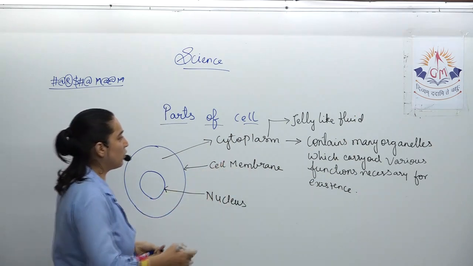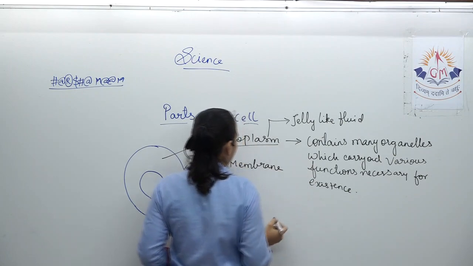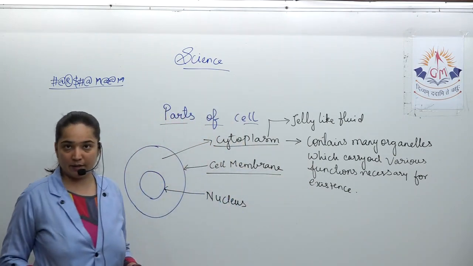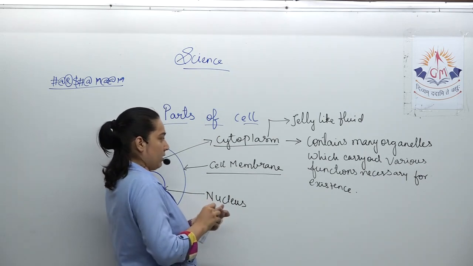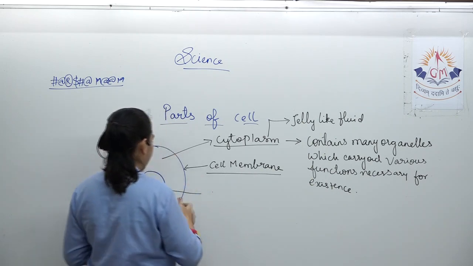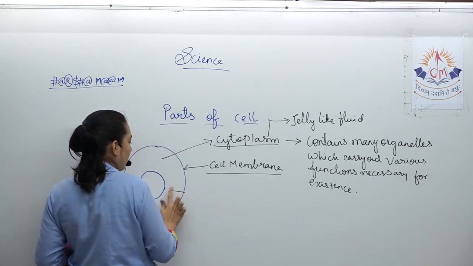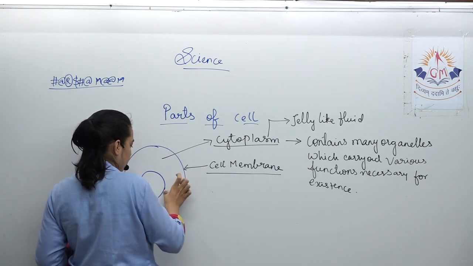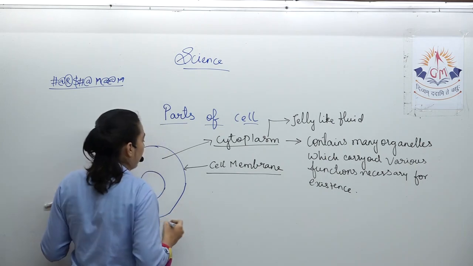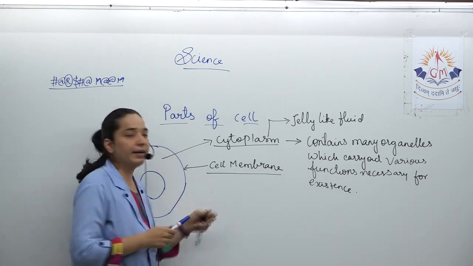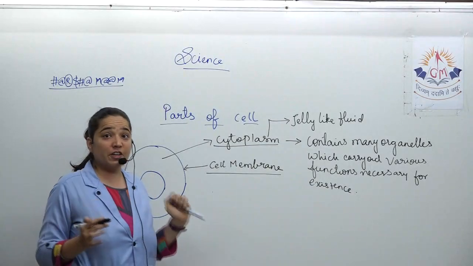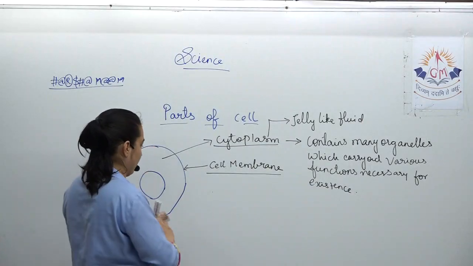This was about cytoplasm. Coming to the cell membrane, what is the cell membrane? First we will note down about it and then about the nucleus. The cell membrane is the outer layer of the cell which differentiates a cell from another cell.